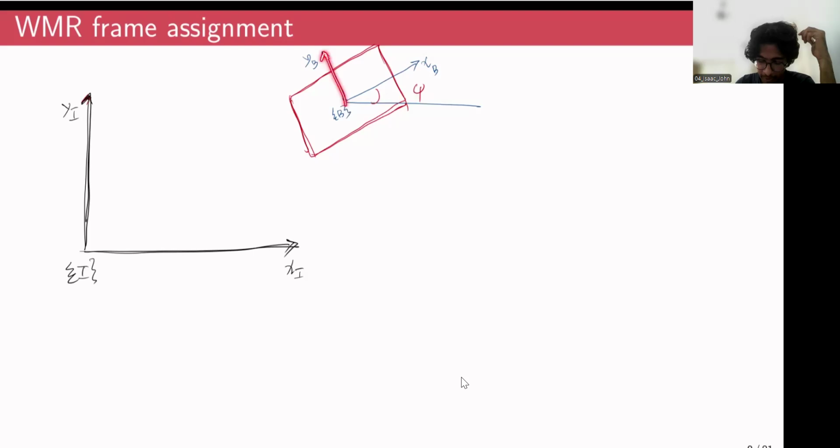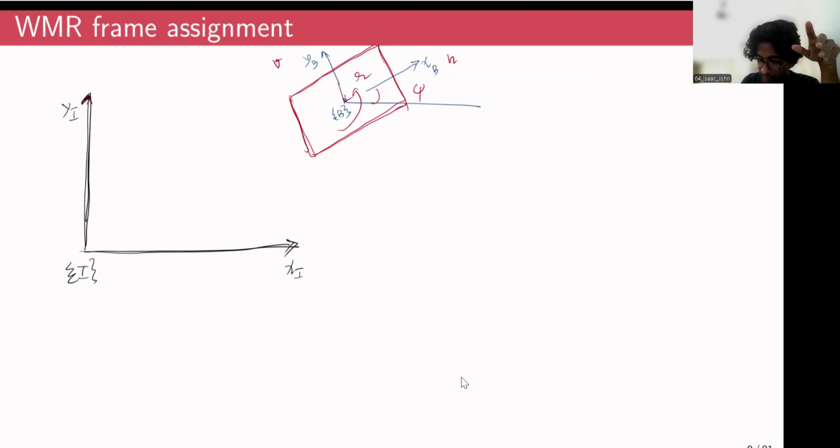So one coordinate frame is attached to the mobile robot and another coordinate frame is attached to the ground. And then, you define the velocity along the xb axis as U. You also define the velocity along the yb axis as V, and you define the angular velocity, or the rotation about the vertical axis or the z axis of the robot's fixed frame, to be R. Right?